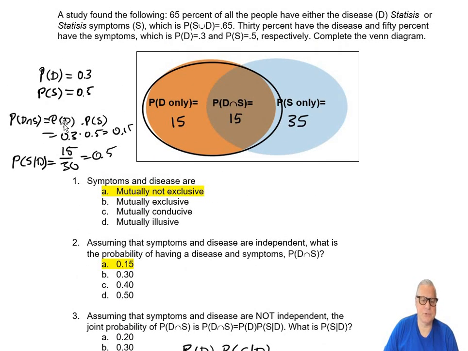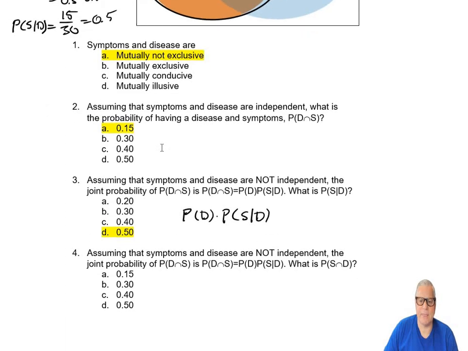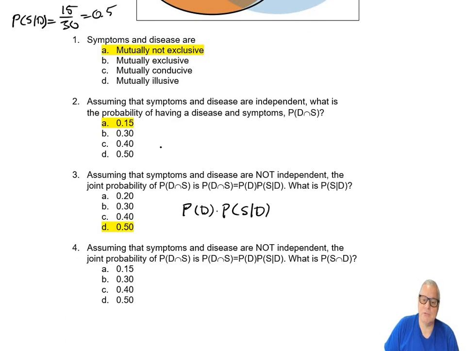Under the assumption of independence, we just multiply the probability of D times the probability of S. But now we have the probability of D times the probability of S given the disease. We know that the probability of the disease is 0.3, and the probability of symptoms given disease we just calculated as 0.5. So we also get 0.15.